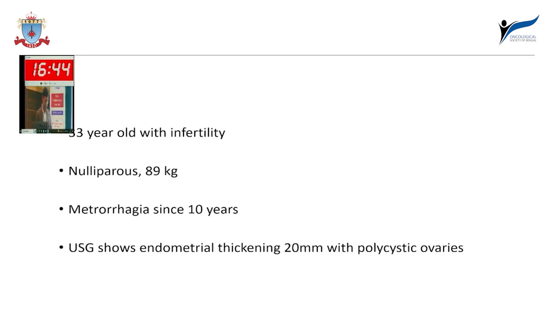How do you move forward, Dr. Devlin? This patient is obese, young, and has endometrial thickening of 2 cm and polycystic ovary. We actually refer this case to a gyno-oncologist surgeon for an endometrial biopsy.